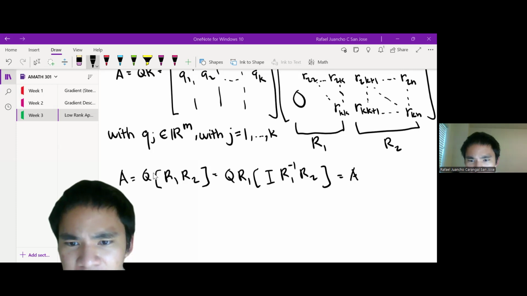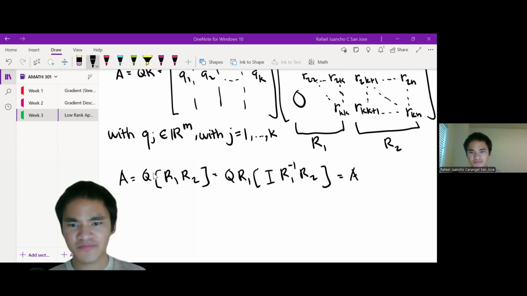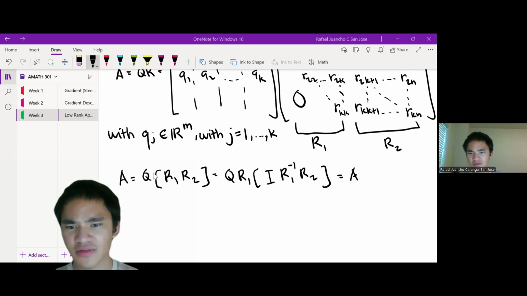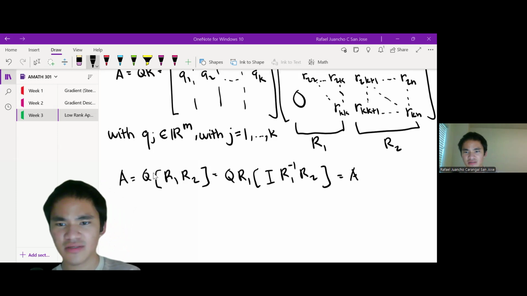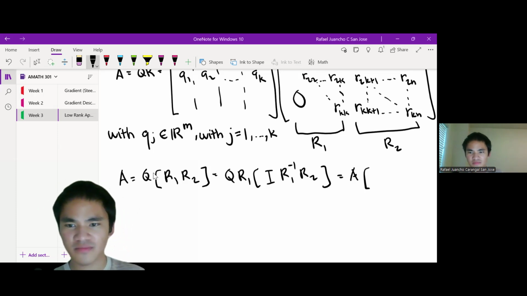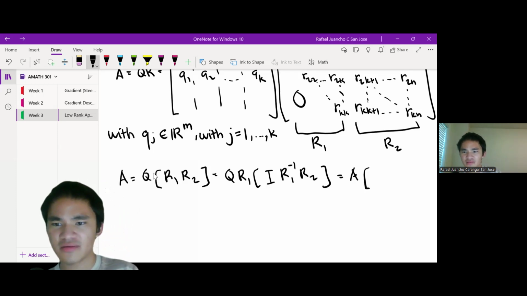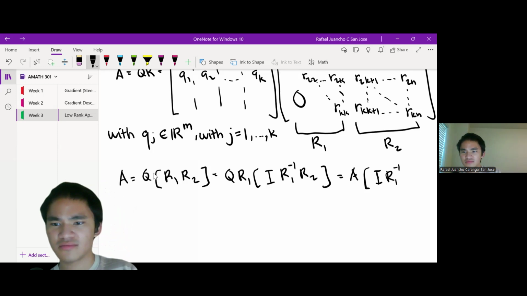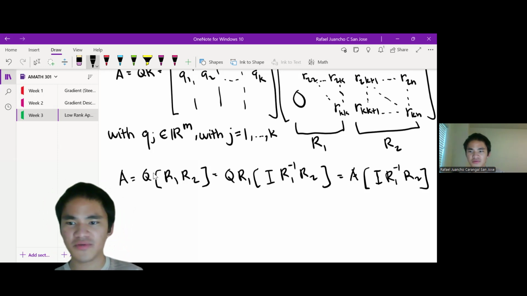Well, basically my A. Okay, I'm not going to bother doing that. But basically, now I'm left with my inverse and then my identity times my R sub 2.